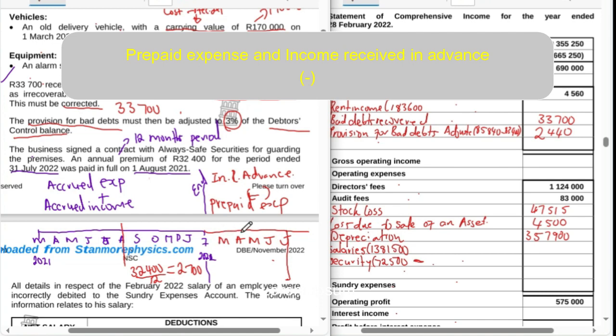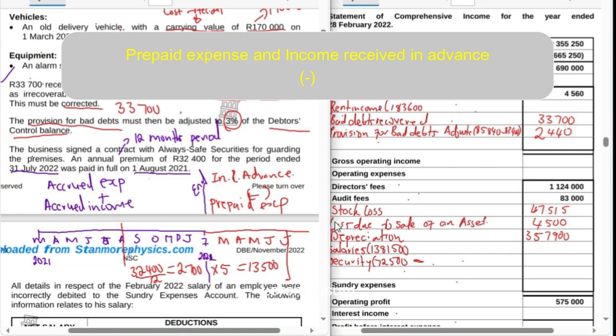We are going to start counting from March. It's going to be 1, 2, 3, 4, 5. Then we say 2,700 multiplied by 5 months. Then it needs to go out, multiplied by 5 months. Then we are not interested in how much? 13,500. Then it's called what? Prepaid expense. Because it was paid after the end of our financial year, this 13,500 will only reflect in the next financial statement, or in the next financial period.